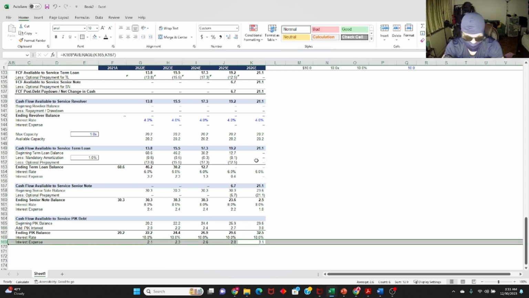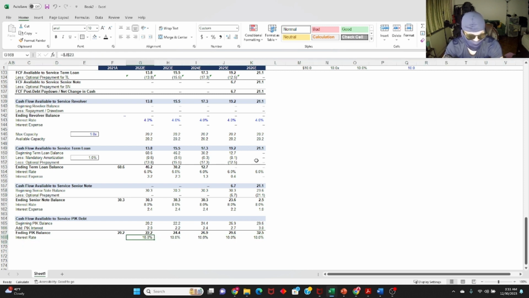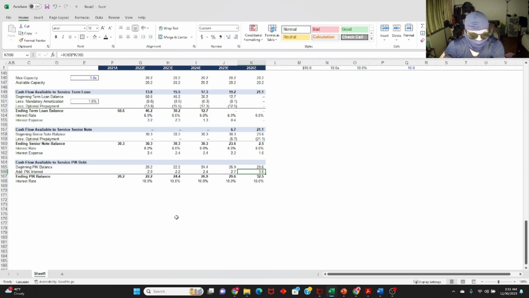And you're going to delete out this interest piece right here because you don't need that. So now as you guys can see, your PIK is getting bigger and bigger over time, and you're going to pay that off at the end when you're calculating your returns, which we're going to do in part 3.